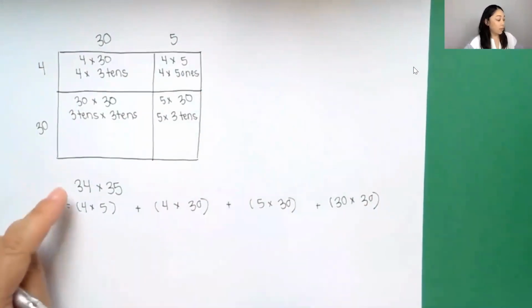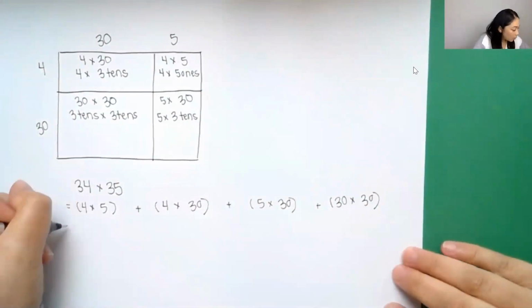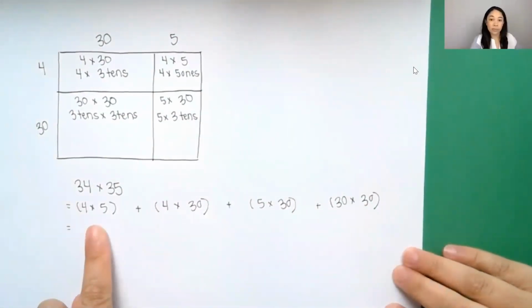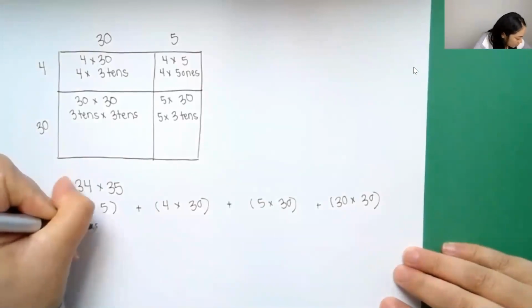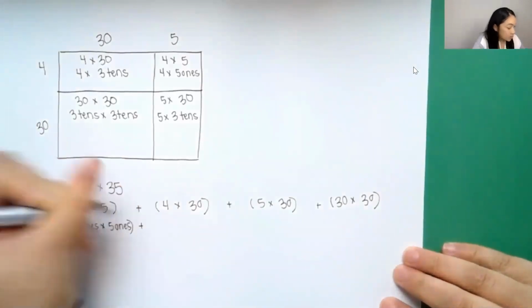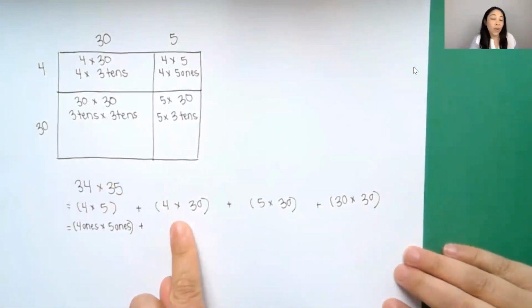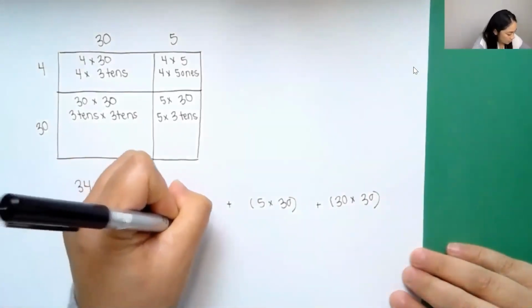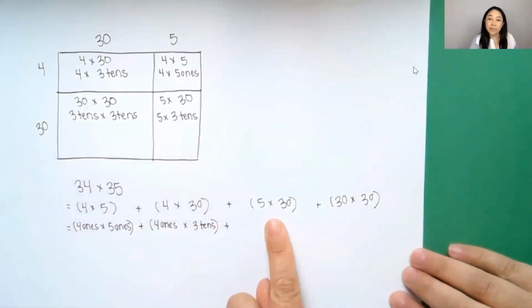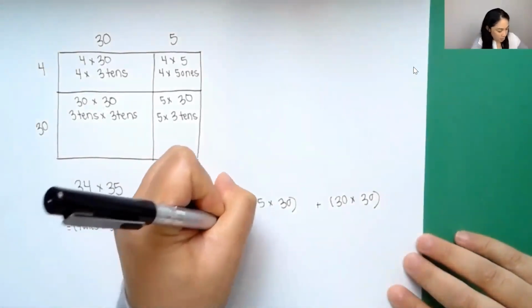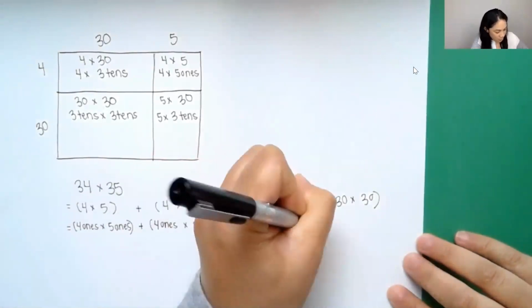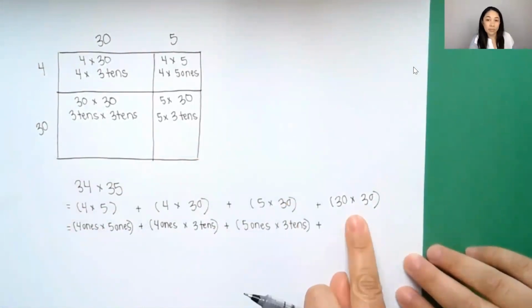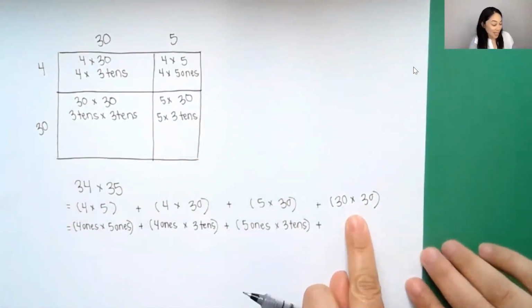Ready? 34 times 35 equals 4 ones times 5 ones plus 4 ones times 3 tens plus 5 ones times 3 tens plus 3 tens times 3 tens.